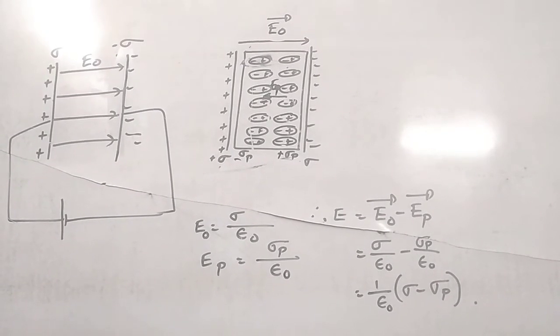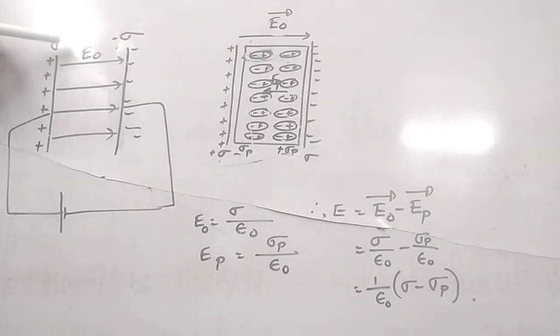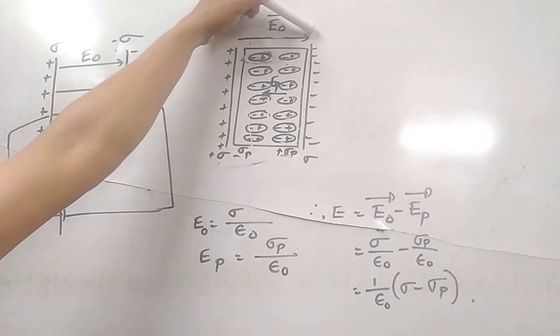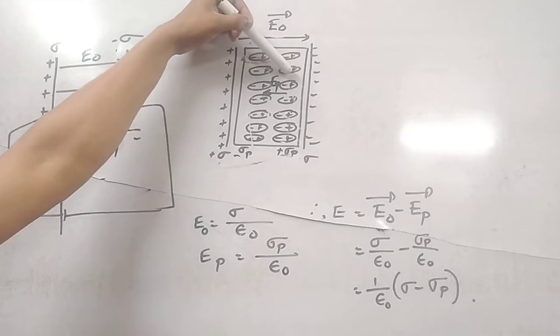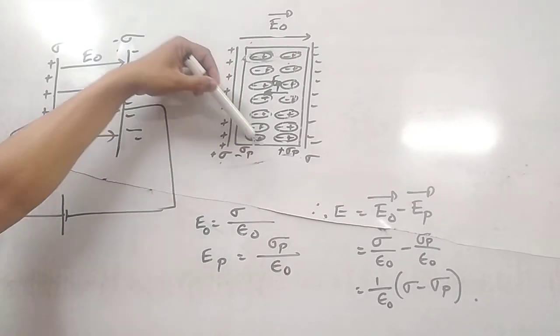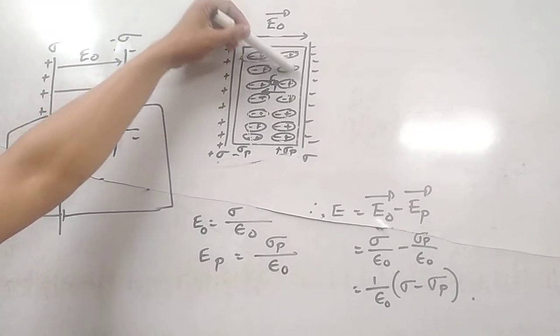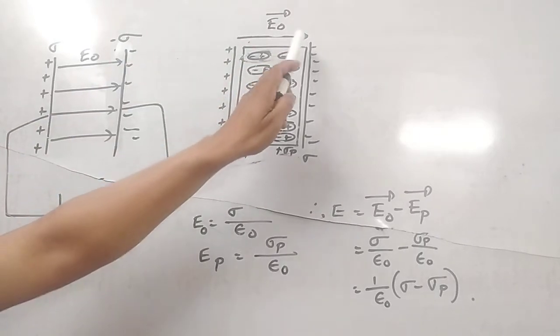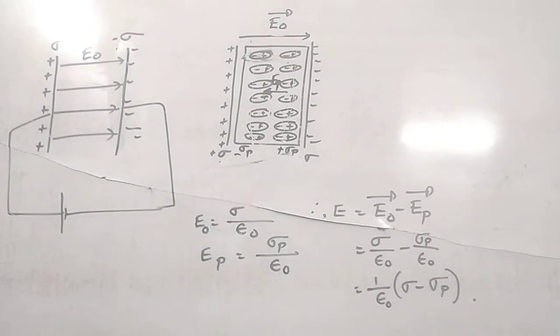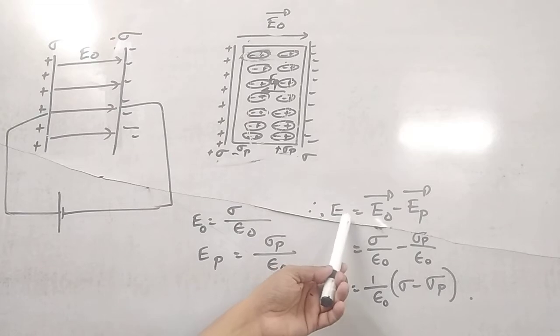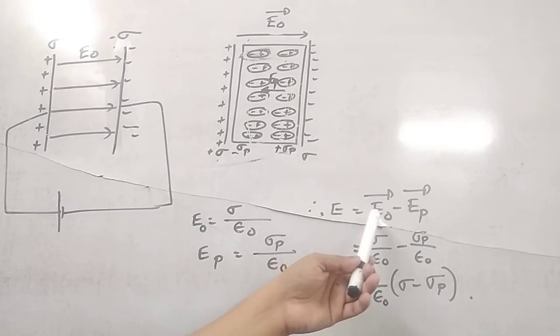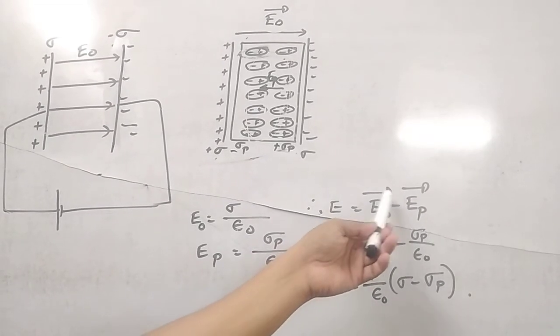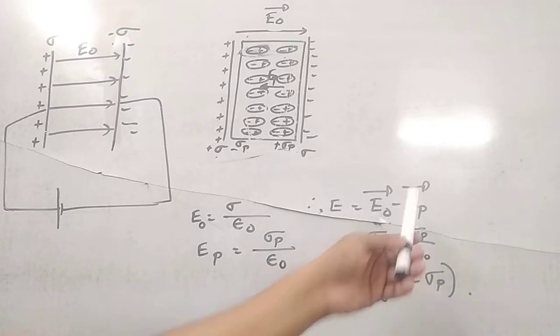Now one thing you see, this electric field is directed in this direction, and the electric field produced by the dielectric is opposite to the applied electric field. So the net electric field is given by E equals E naught minus Ep.